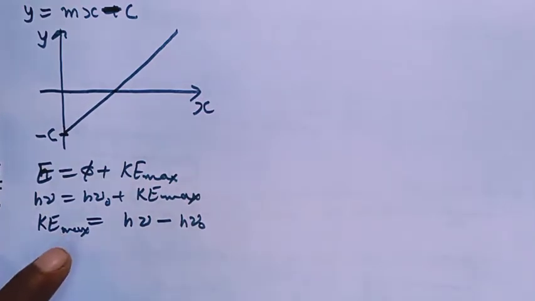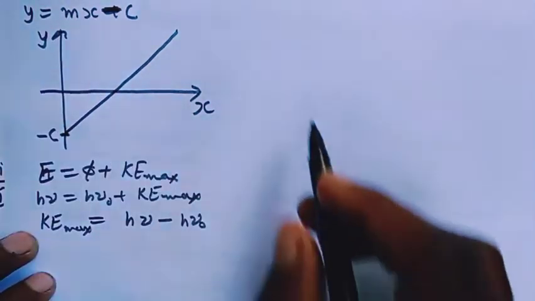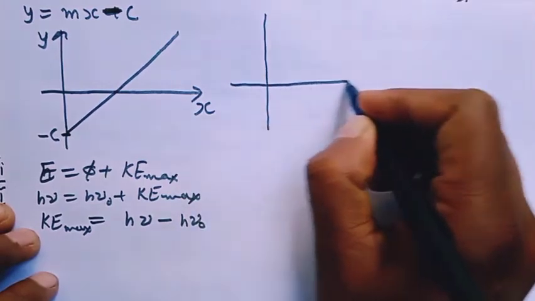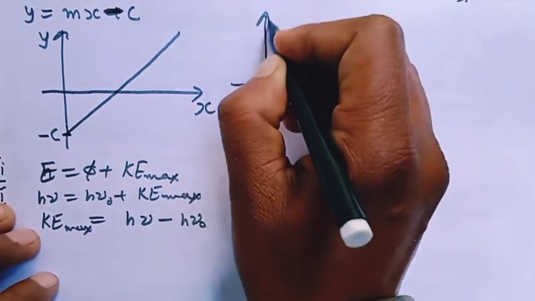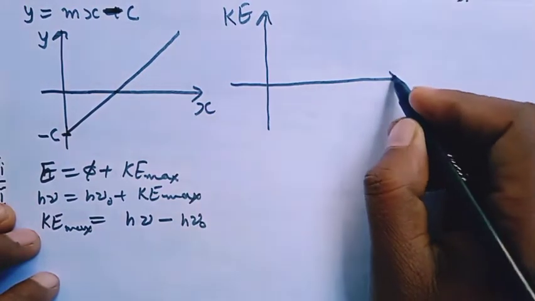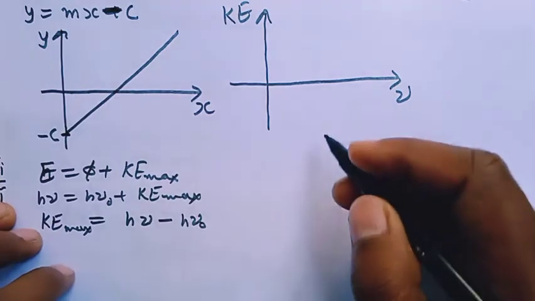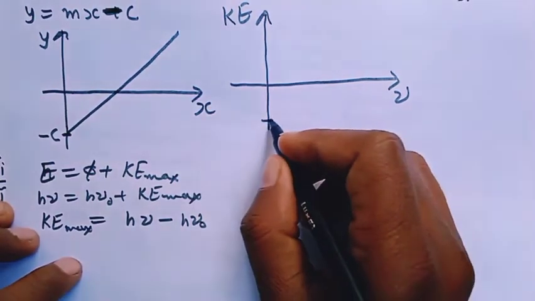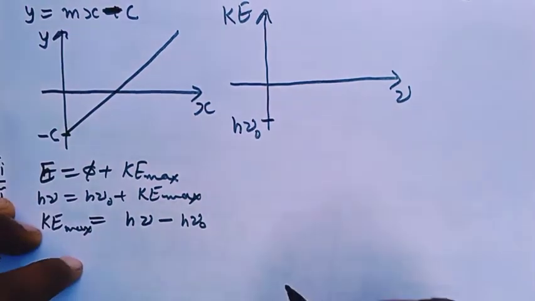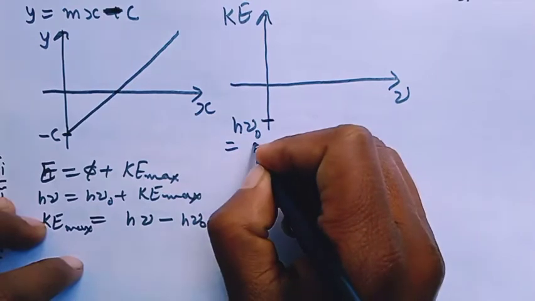And if I correlate it with this equation, the graph will look like this. This is kinetic energy, this is frequency, here we have h nu naught, that is this negative intercept.